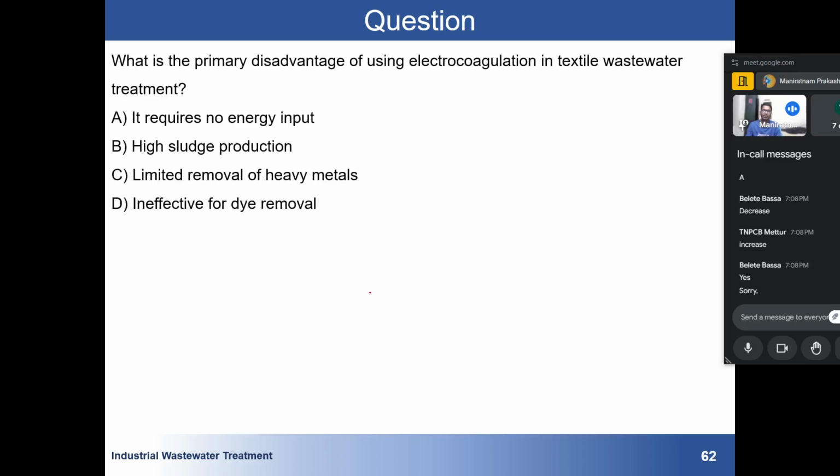What is the primary advantage of using electrocoagulation in the textile industry? Disadvantage. In electrocoagulation, there is no sludge production.